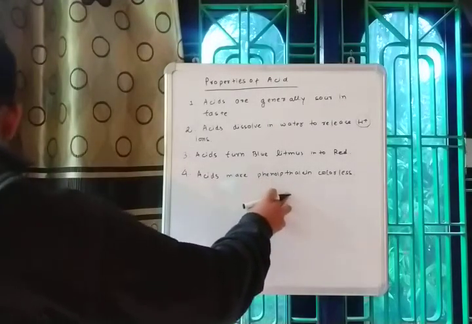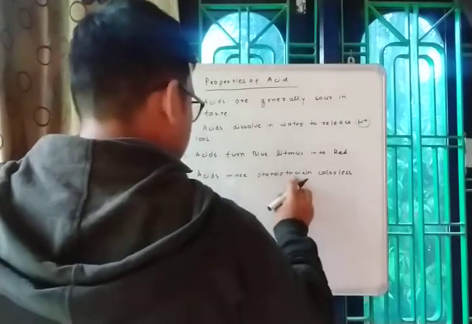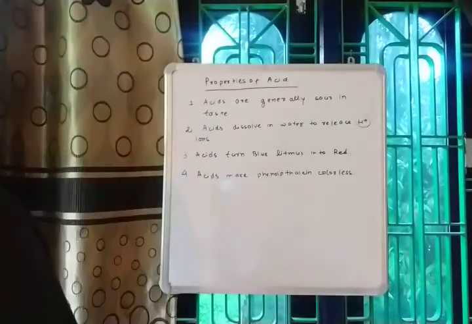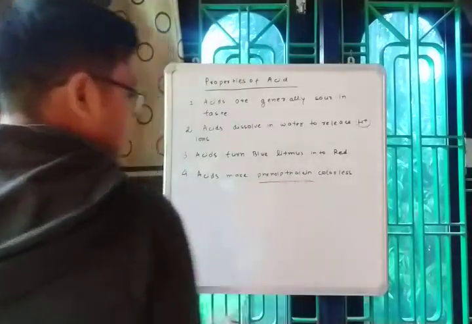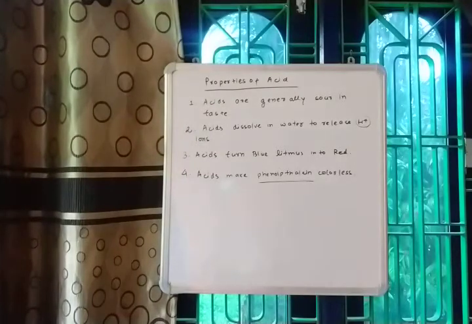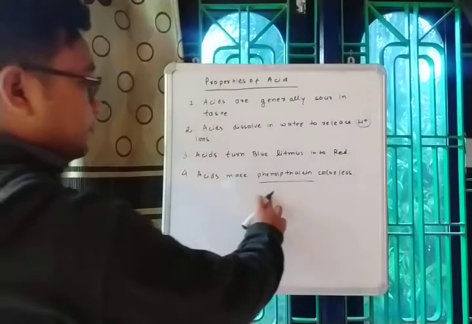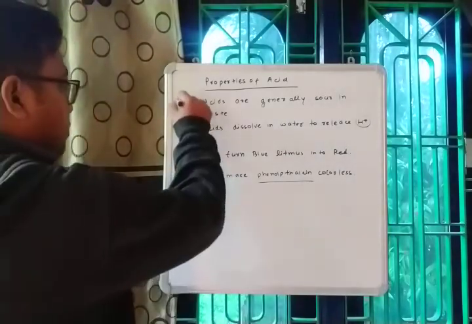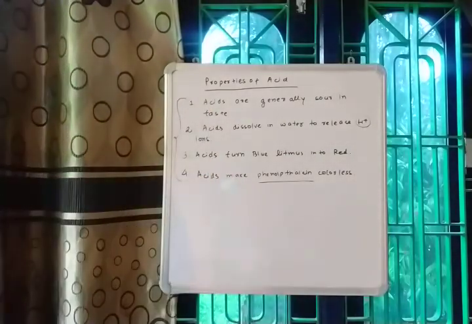Phenolphthalein, spelled PHENOLPHTHALEIN. This is one of the indicators that we have discussed in the previous class. So these are the 4 key physical properties, or you can say physical character, of acid.